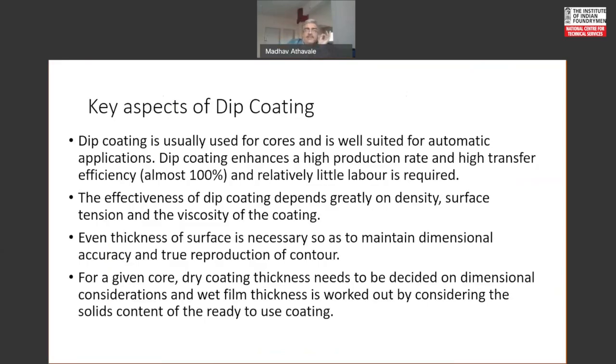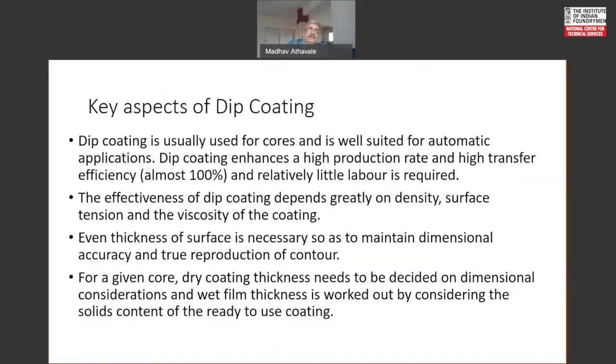Now, dry coating thickness needs to be decided for dimensional consideration, as I said, but it is difficult to measure dry coating thickness without disturbing the coating surface layer in the process. So wet film thickness is worked out by considering solid contents of the ready to use coatings.